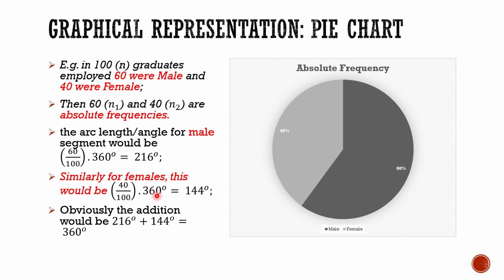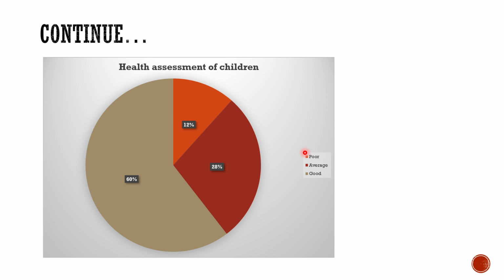For female, similarly, we get it as 144 degrees. And obviously, if you add these two, because we have only two segments for this particular variable, that is sex, it will add up to 360 degrees. And this is the absolute frequency pie chart for the particular variable, that is sex.